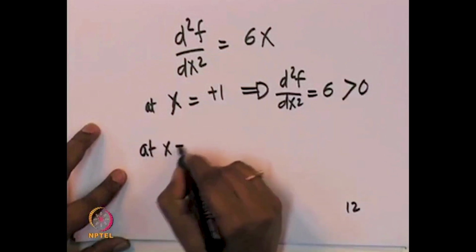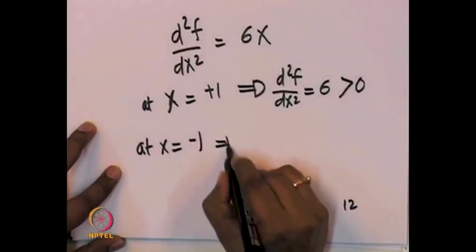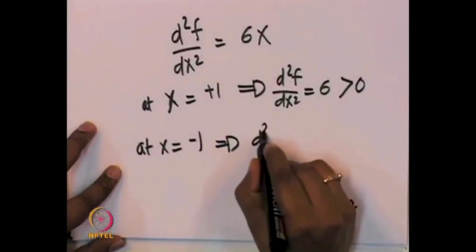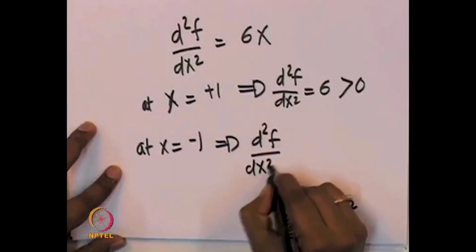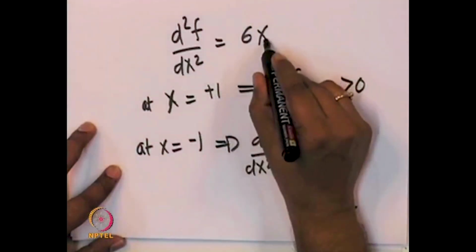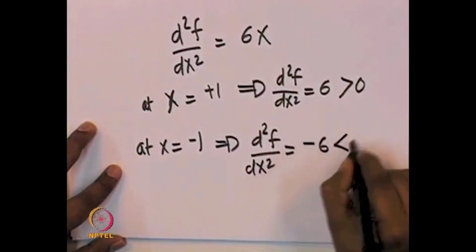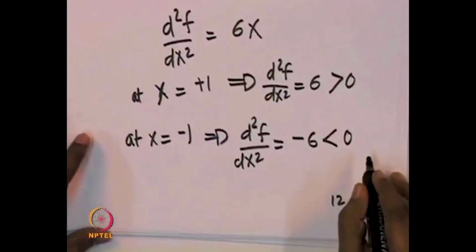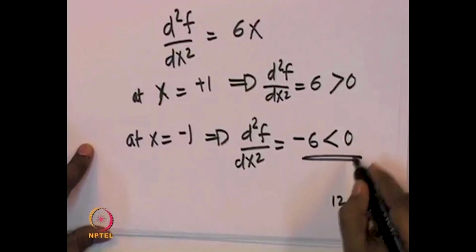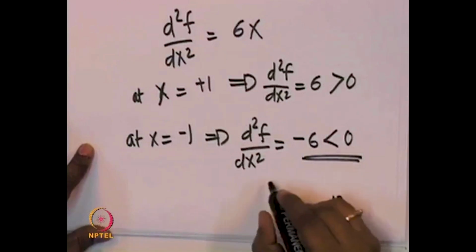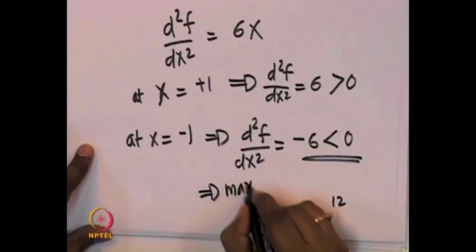At x equal to -1, what do we get? d square f by dx square is 6 into -1, since we are putting x equal to -1. So, this is -6, which is less than 0. So, if it is less than 0, this would imply that here it is a maximum.